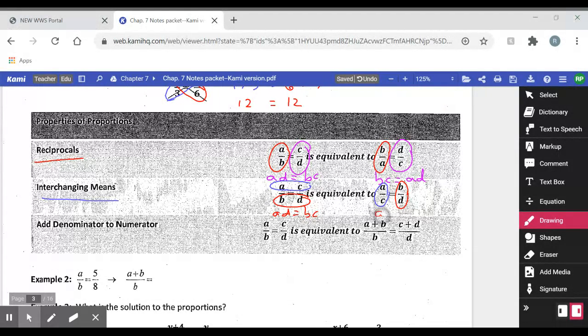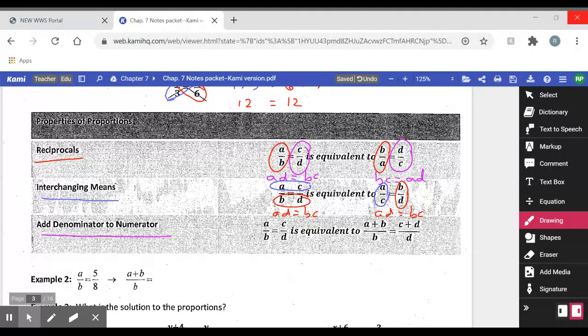They still represent the same thing. We're just switching the information around. The last one is add denominator to the numerator.